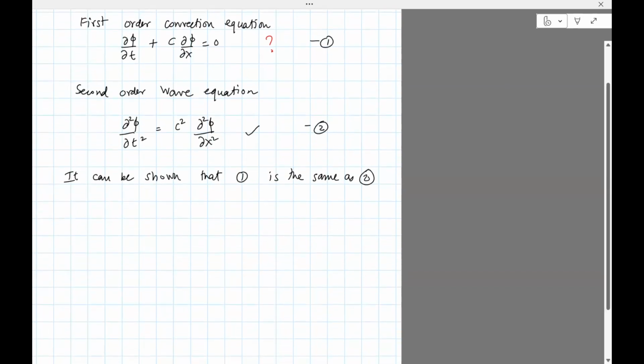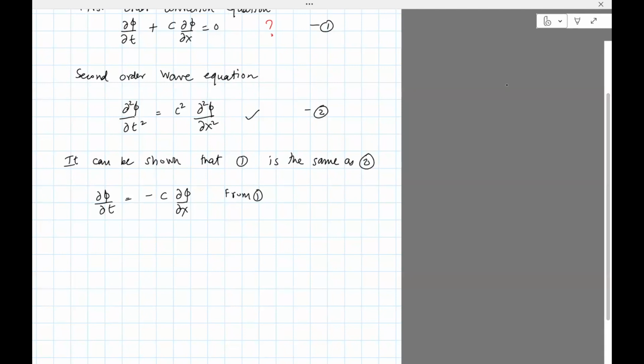Okay, let's see how to do that. So you start with ∂φ/∂t equals minus c ∂φ/∂x. So this is from 1. Just wrote down the same thing, but just moved things around.